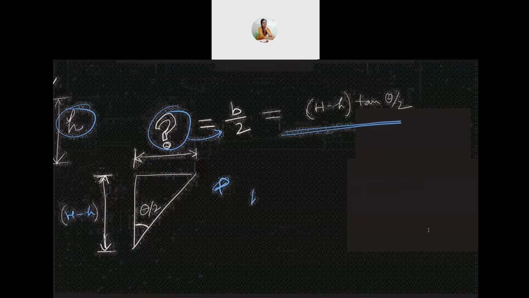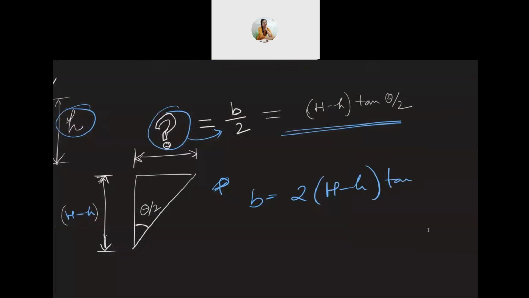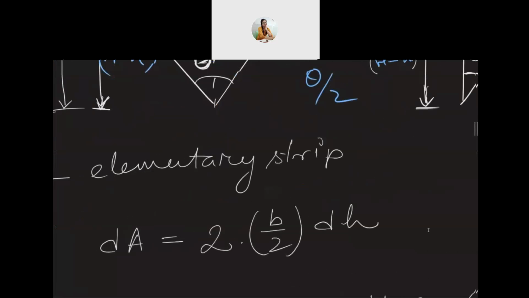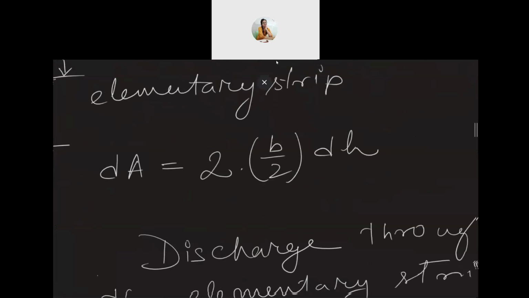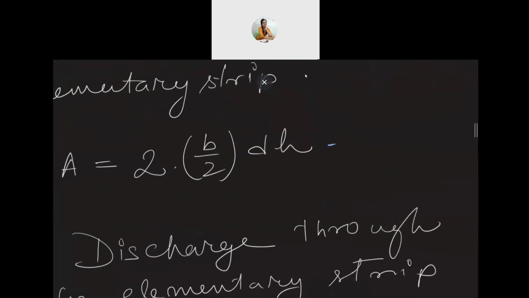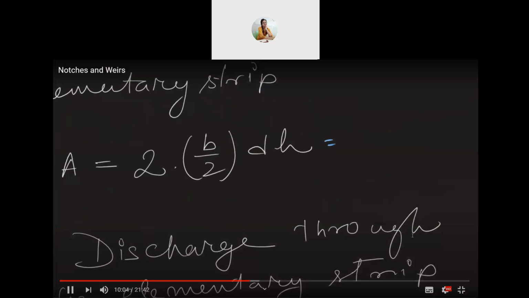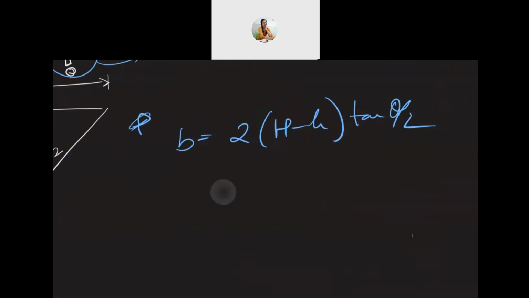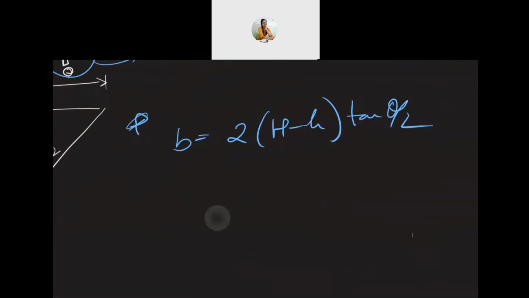And therefore, we can write the elementary area dA equal to twice of b by 2 into dh, and b by 2, as we know, is this expression, (H minus h) tan theta by 2.